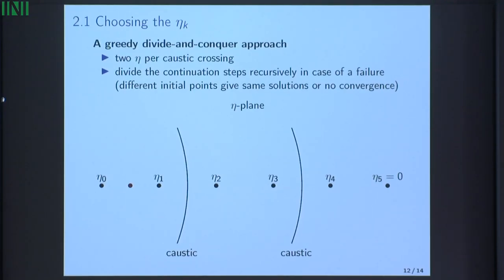And this can, of course, also happen in case of a crossing. So then we have 3 substeps, and we go on recursively. If it again fails, then we introduce another substep. And in this way it's guaranteed to work, since we saw in the theorems before, if the eta is small enough, then everything will work. So if the difference between the etas is small enough, then everything will work.